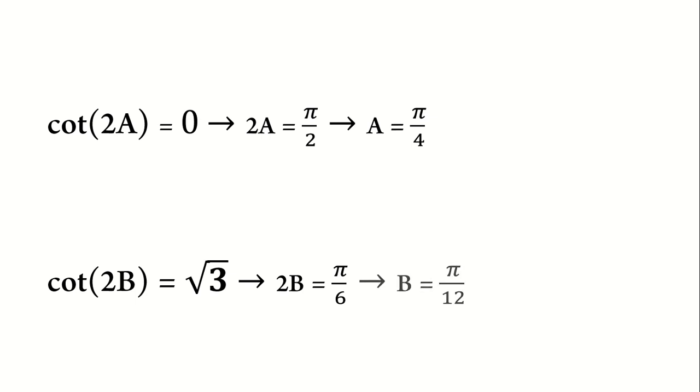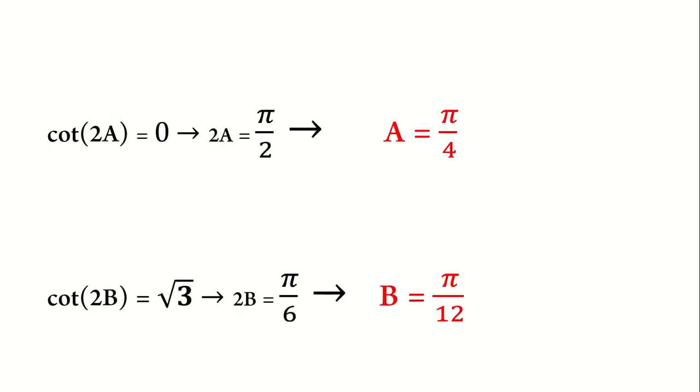So b is equal to pi over 12. And we can get the angles of a and b. The angle of a is equal to pi over 4, and the angle of b is equal to pi over 12. So that's the answer to our question, and the question has been solved.